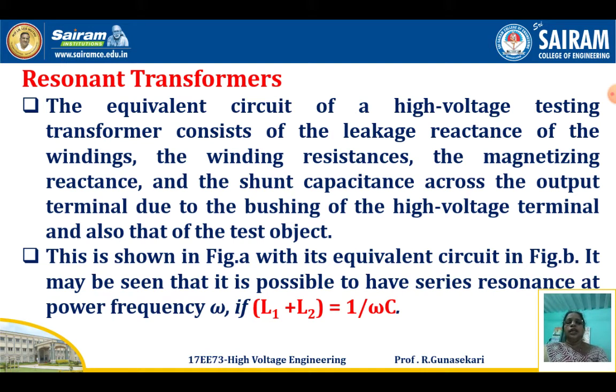The equivalent circuit of a high voltage testing transformer consists of the leakage reactances of the windings, that is L1 and L2, then the winding resistances, the magnetizing reactances and the shunt capacitances across the output terminal, due to the bushing of the high voltage terminal and also the high voltage terminal of the test object, which is shown in figure A. Now it is possible to have series resonance at power frequency omega.